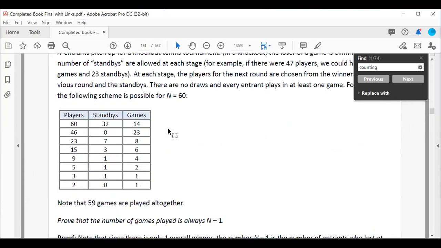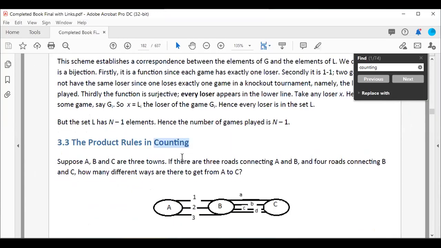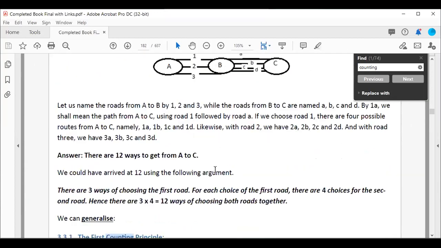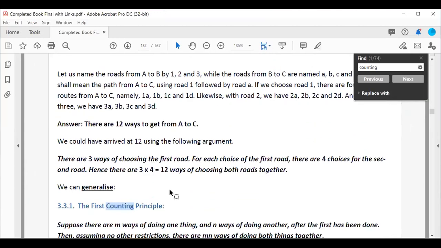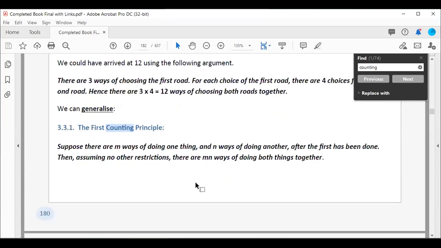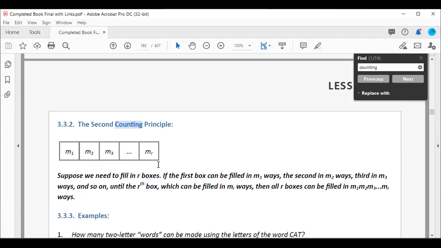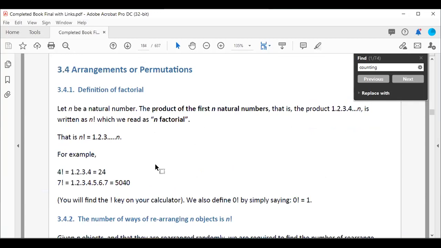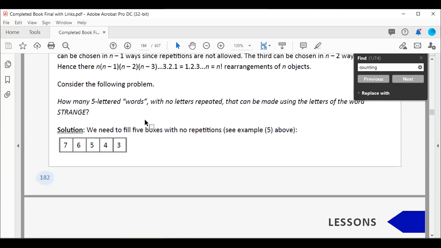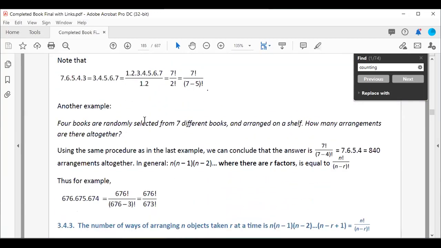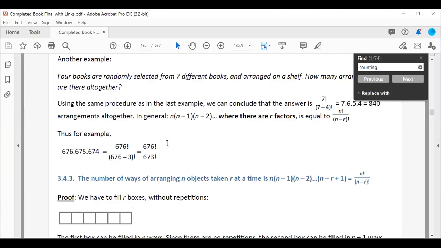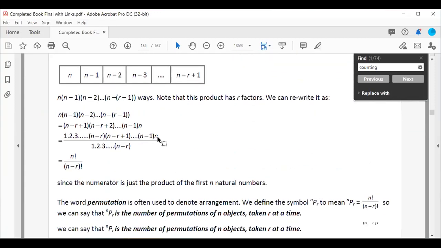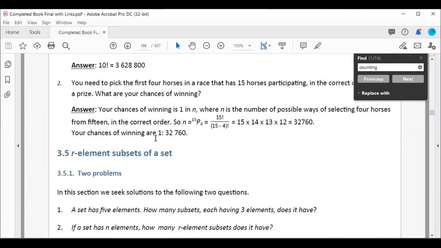Then the counting starts here, 3.3, with all different problems about how to count: the first counting principle, the second counting principle, lots of lovely examples, arrangements and permutations. Just go through all these things. The factorial notation is introduced here. I think some of you already know about factorials.